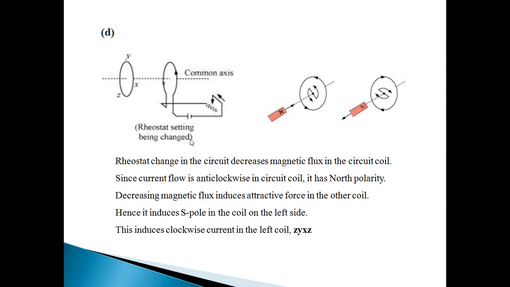So there is a decrease in magnetic flux in the circuit coil. And current flow is anti-clockwise in the circuit coil. It has north polarity. Now the decreasing magnetic flux induces attractive force in the other coil. So it induces a south pole in the coil on the left side. And this induces a clockwise current in the left coil along the direction Z, Y, X, Z.